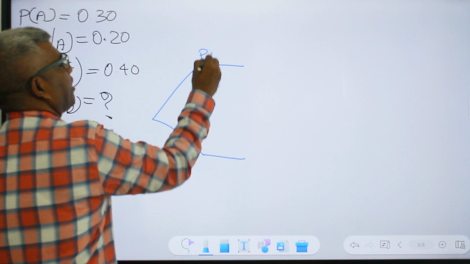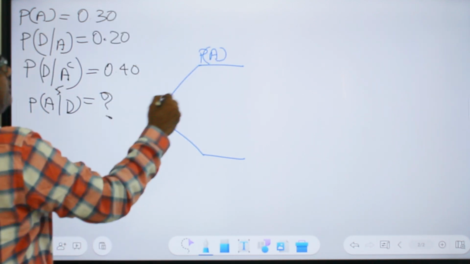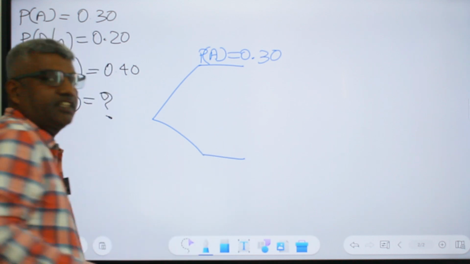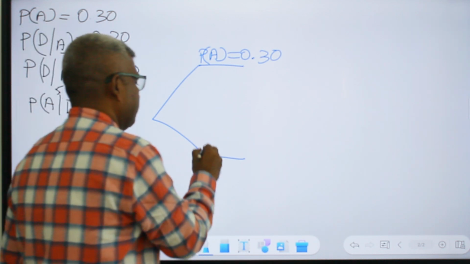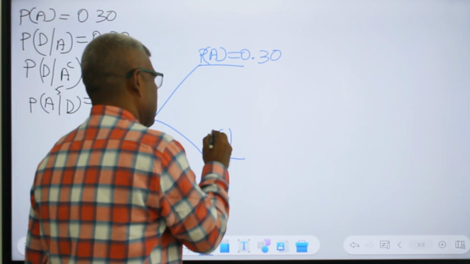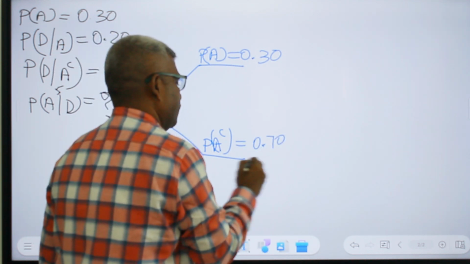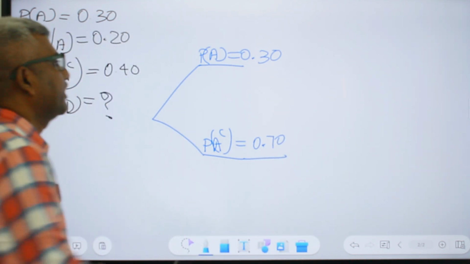What is probability of A? 0.3. So what is the probability of A complement? 1 minus 0.3, this 0.7 you can easily put it. Okay.